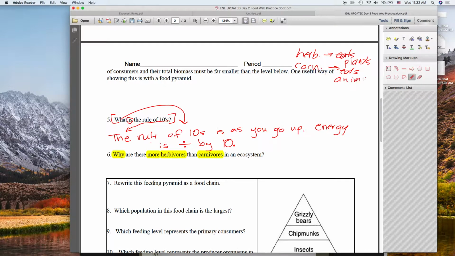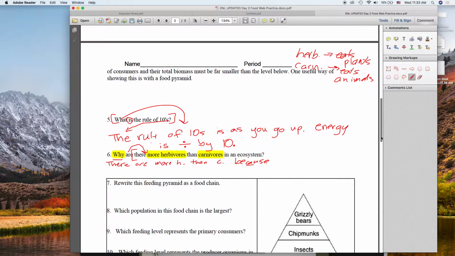This is in your Quizlet vocabulary. All right, why are there more herbivores than carnivores? So we're going to start our answer here and use the verb there. There are more herbivores than carnivores because. Remember that we use because whenever we have why.